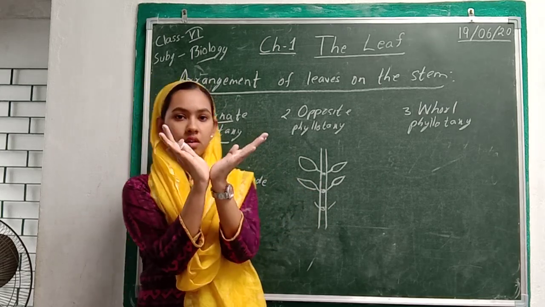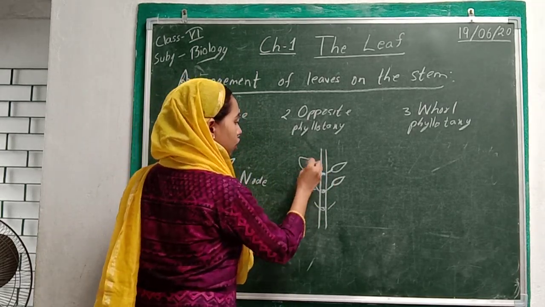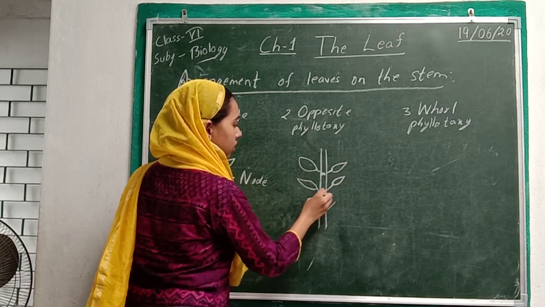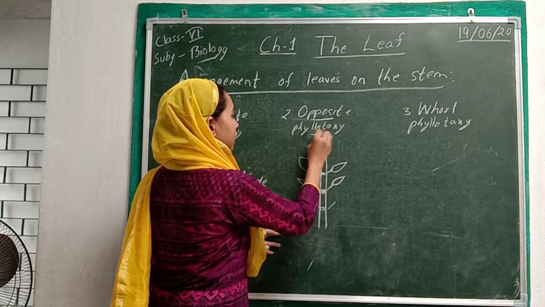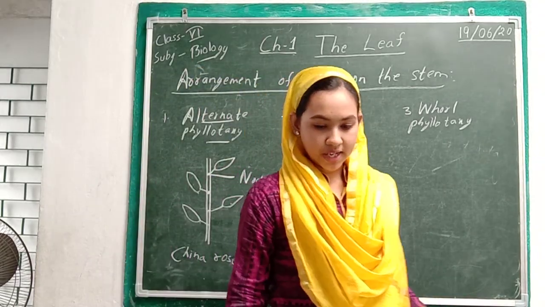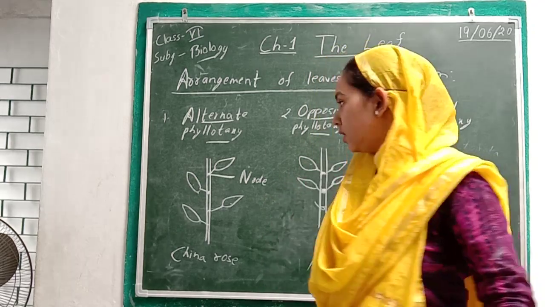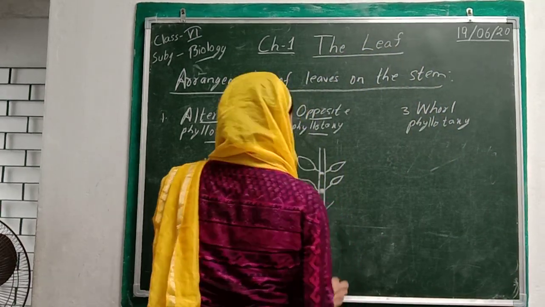Both the leaves are arranged like this, that means they are opposite to each other. In this node also, they are opposite to each other. In the next node also, they are opposite to each other. So this kind of arrangement of the leaves on the stem is known as opposite phyllotaxy. You can see this in guava. You can observe guava and you will see this kind of arrangement.